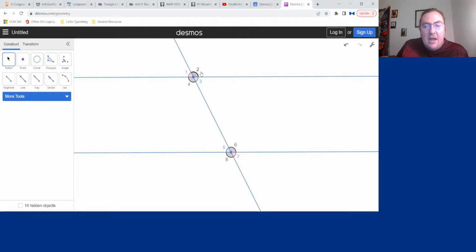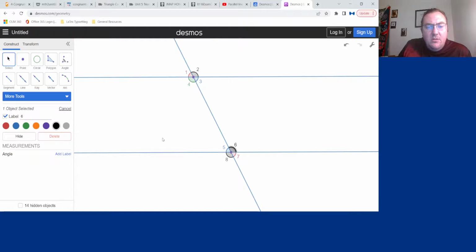Let's look at angle 4. I know that if I take angle 3 and angle 4 and add them together, I'm going to get 180 degrees. Okay, that's fair. It forms a line. We're used to that.